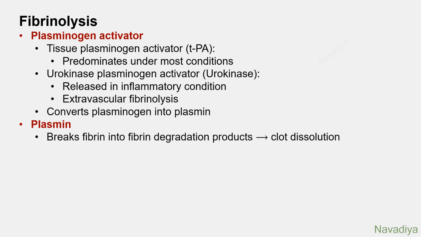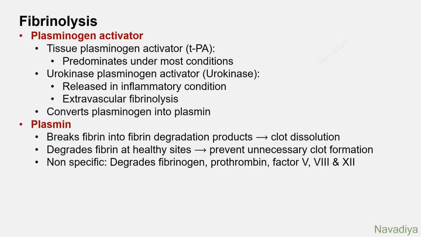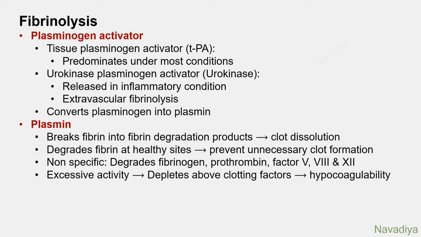Plasmin breaks fibrin into fibrin degradation products, leading to clot dissolution. It also degrades fibrin generated inappropriately at healthy sites and thereby prevents unnecessary clot formation. It's a non-specific enzyme and can also degrade fibrinogen, prothrombin, factor 5, 8 and 12. Its excessive activity can deplete these factors and cause hypocoagulability.